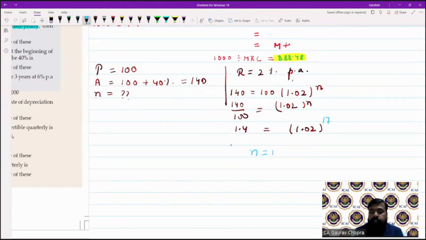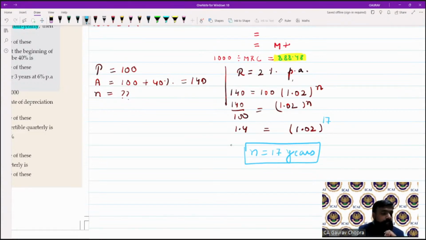Therefore, n is equal to 17 years. So in 17 years the population will increase by 40%. All right.